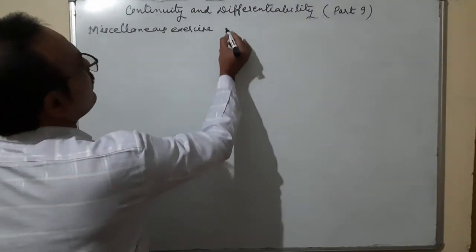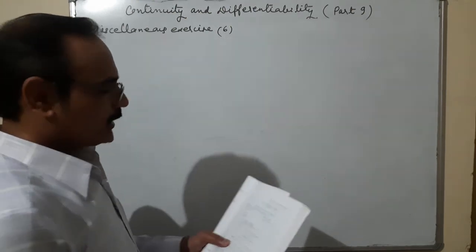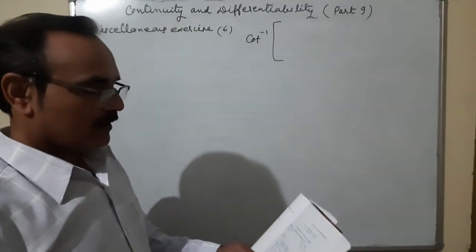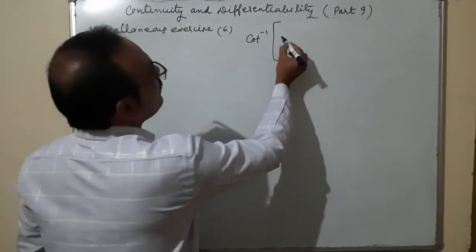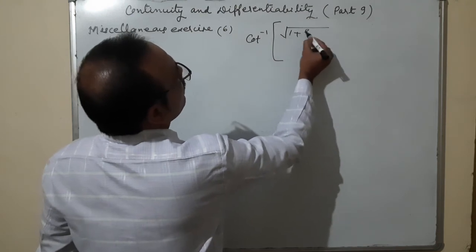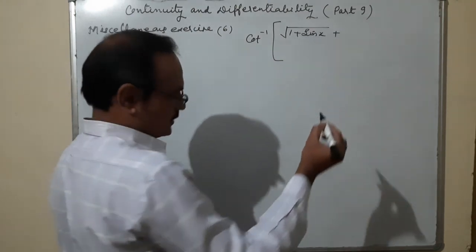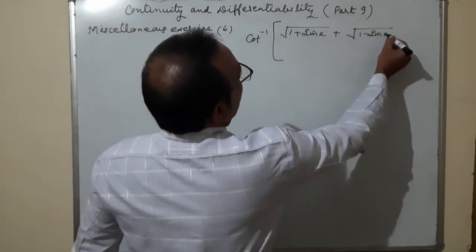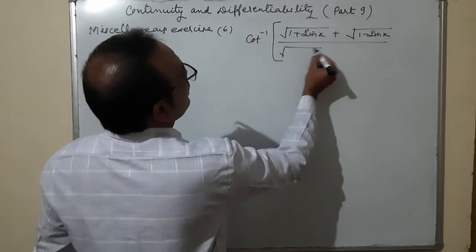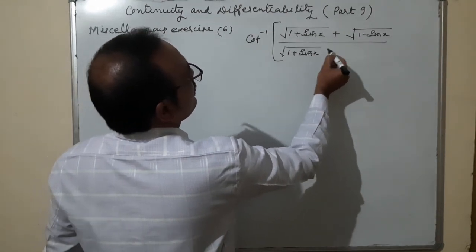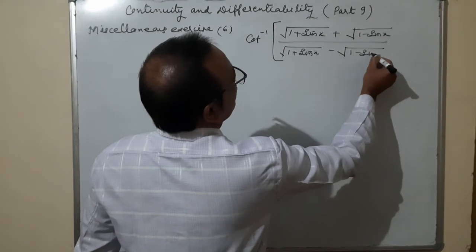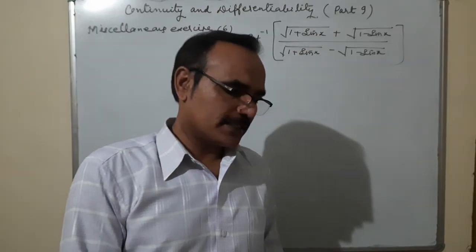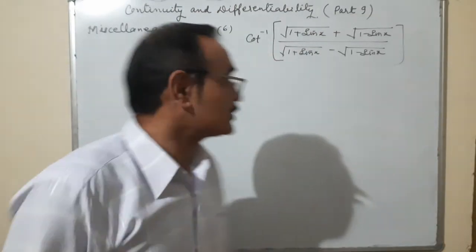Sixth question, which is cot inverse in bracket under root 1 plus sin x plus under root 1 minus sin x upon under root 1 plus sin x minus under root 1 minus sin x, where 0 is less than x is less than pi by 2. Differentiate with respect to x.